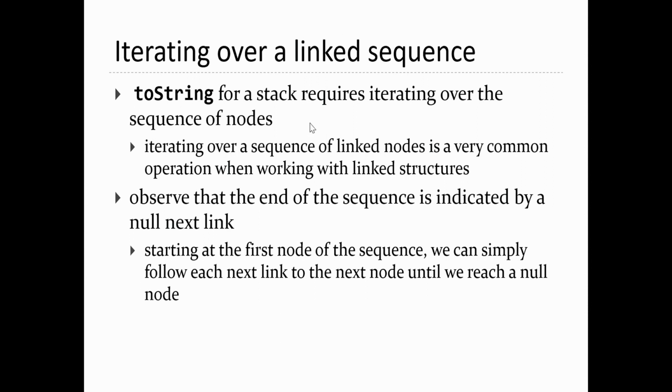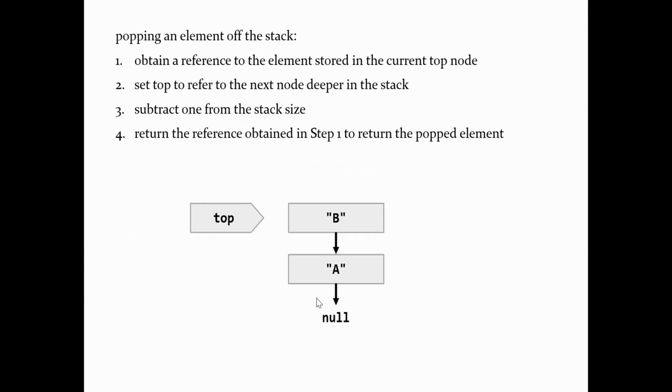Well, it means I have to traverse this sequence of nodes. How are you going to iterate over the sequence of nodes? When you get to the end of the stack, the next node is null, and that's what you want to check for. I want to start up here and just follow the links until I hit a link that's null. Because as soon as I hit a link that's null, I know that I've hit the end of the stack.